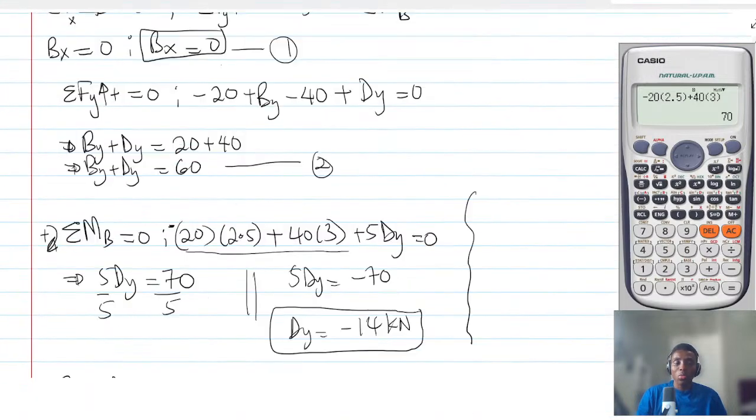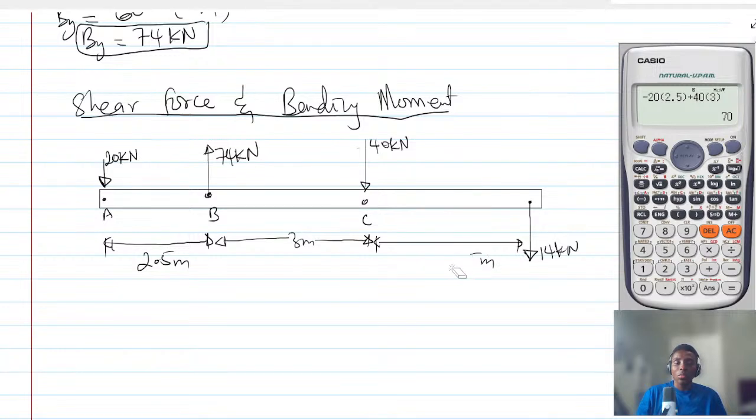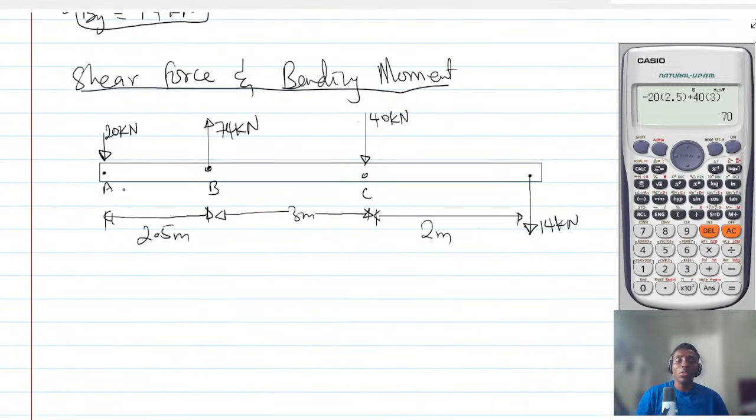Oh, sorry, it was 2. So essentially, this side is going to be 2 meters. All right. So that is it. Now, this is what we are going to do. We are going to draw the shear force and the bending moment using this. So this is what I normally do.